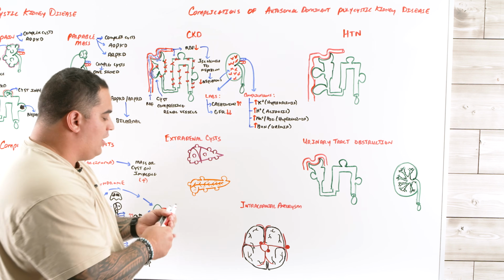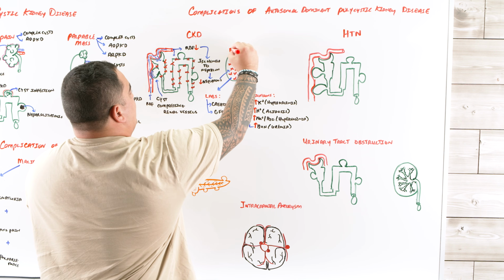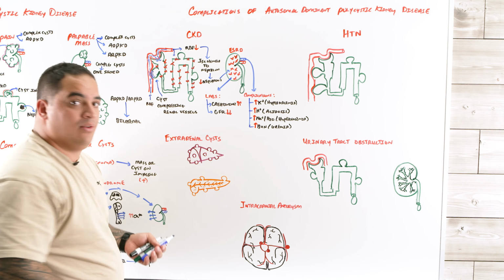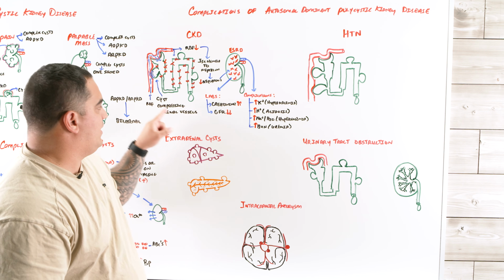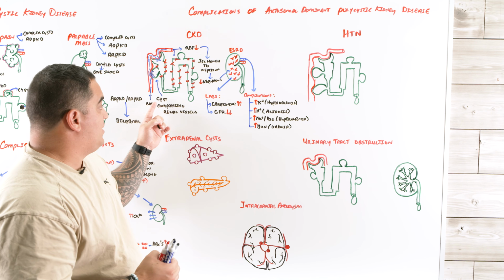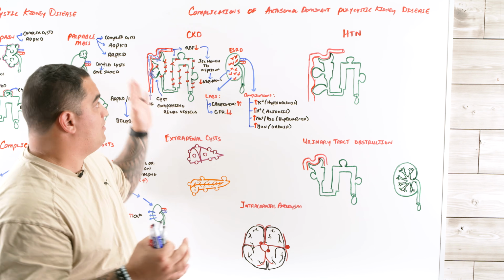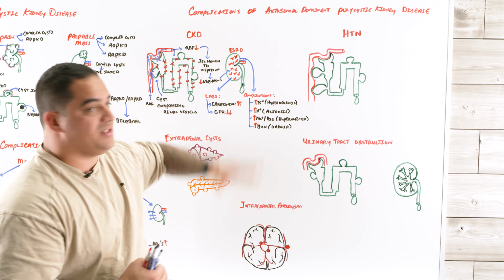Oftentimes with these patients, they will progress and they will start to experience end-stage renal disease, and they'll need dialysis or a transplant to survive. So this is a really big thing, is that the cyst is causing problems. As they get older, you get more cysts. More cysts compress more renal vessels, cause more ischemia to the actual kidney, cause more nephron death, and lead to worsening renal function.